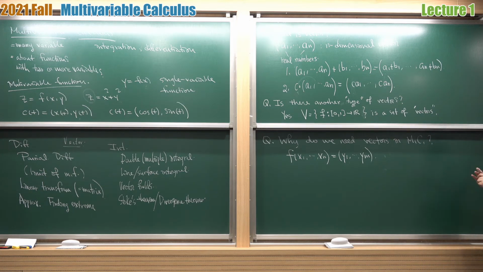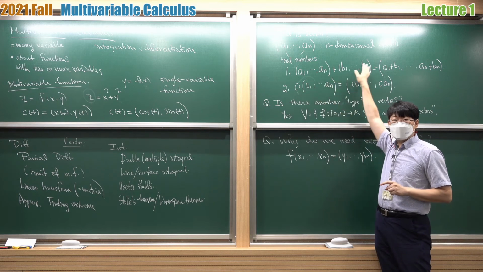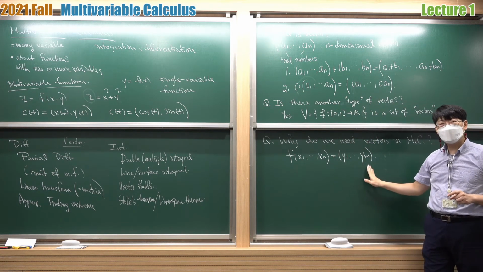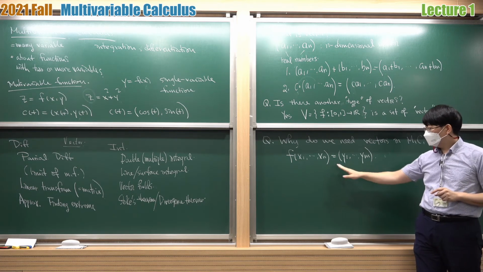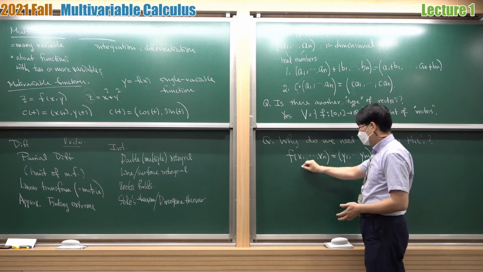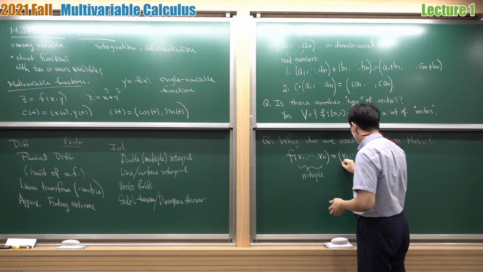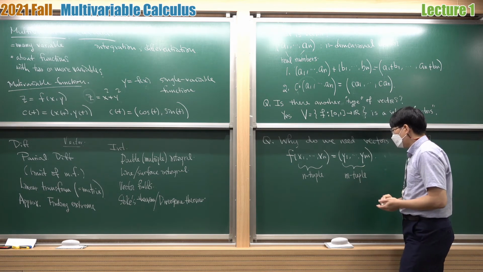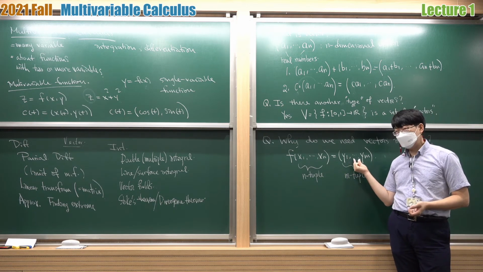So if you don't care about the additive properties and scalar multiplication of vectors, then these n-tuples and m-tuples can be considered as vectors, right? These are n-tuples, and these are m-tuples. You can consider them as a vector and a vector.